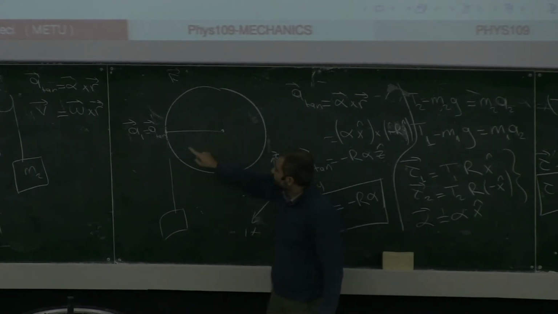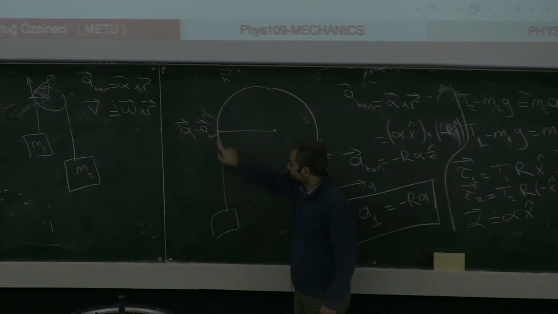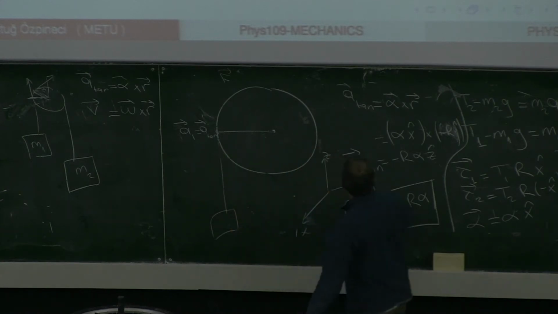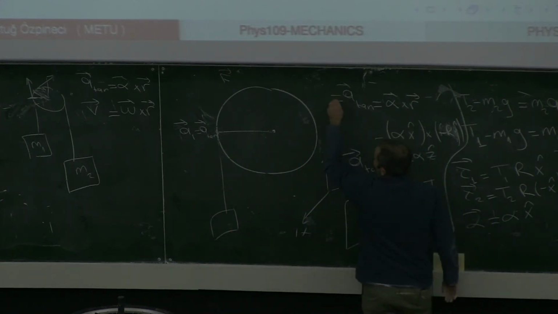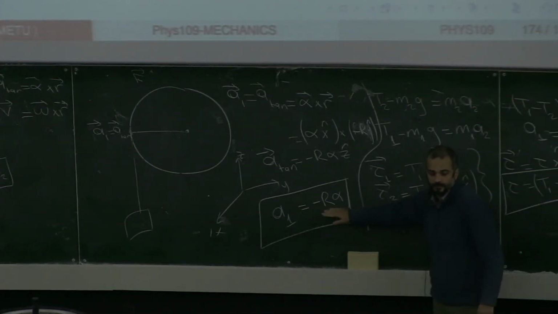That is our assumption. So this point moves with the same velocity as this point, same speed as this point. So these 2 points have the same speed and hence the same accelerations. So that is what I use. This tangential acceleration is a1.